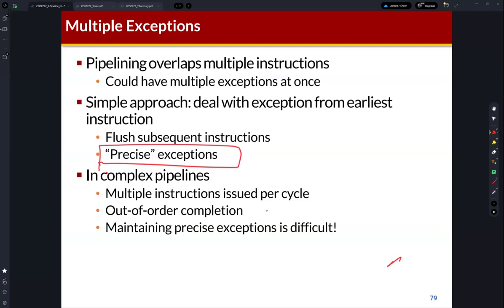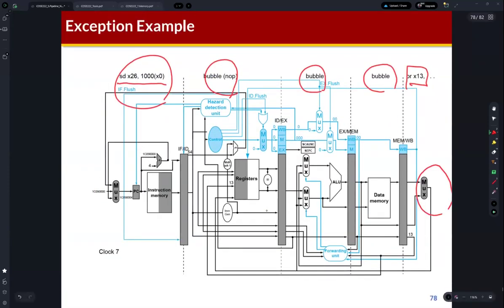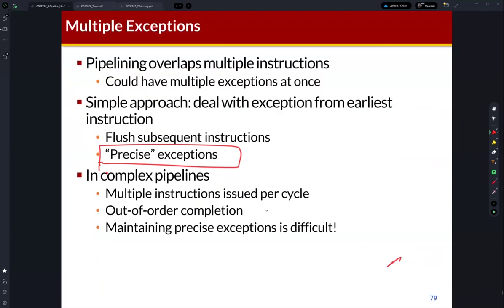In order to support the precise exceptions, the exceptions are handled when the instruction reaches the write back stage usually. But if you take the advanced course of computer architecture, if you are a graduate student, then the modern processors employ out-of-order processor architecture.